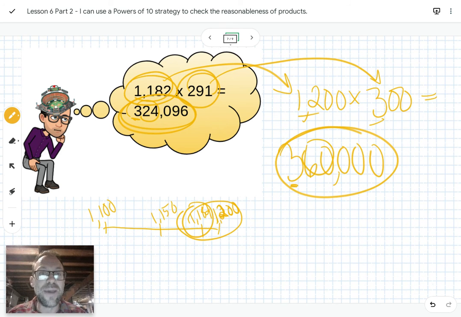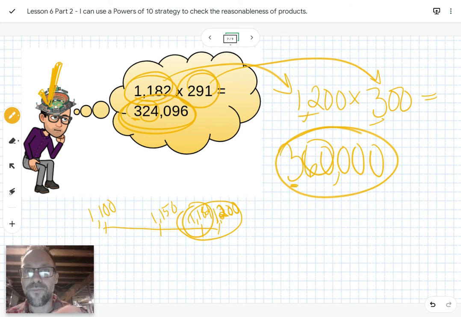So we can expect that Mr. Geronis is probably correct here. There's not a real strong need to go back and do this a second time because we're in the ballpark. This estimation strategy works. So let's go ahead and put a little check mark in here. Yes, Mr. Geronis, you did it. You finally did it. You were in the ballpark. Way to go with your thinking.